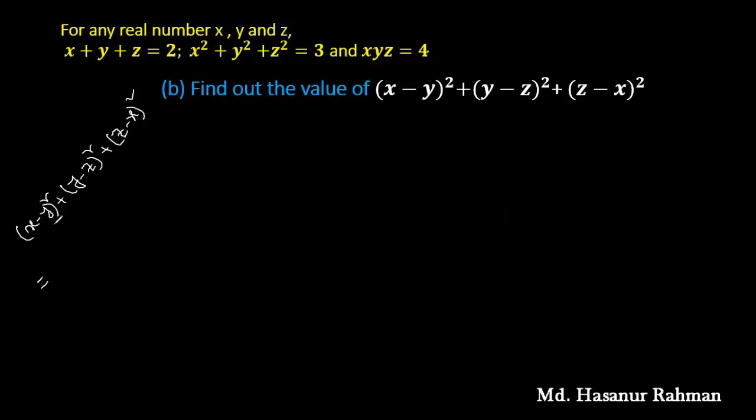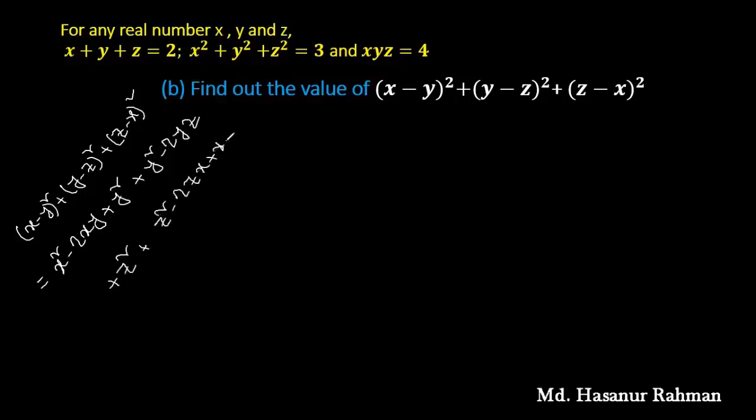So we can write, by using the formula of a minus b whole square, that is a square minus 2ab plus b square. So x minus y whole square should be x square minus 2xy plus y square, plus y minus z whole square should be y square minus 2yz plus z square, and z minus x whole square should be z square minus 2zx plus x square.